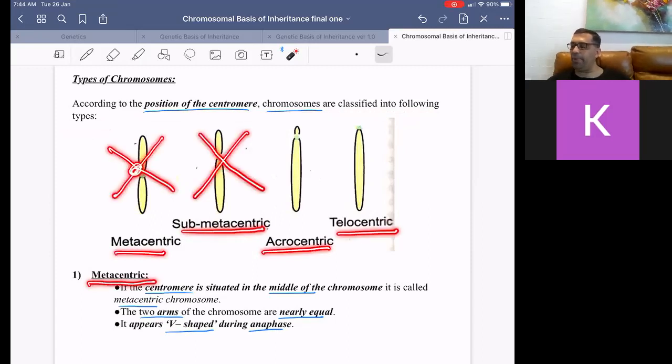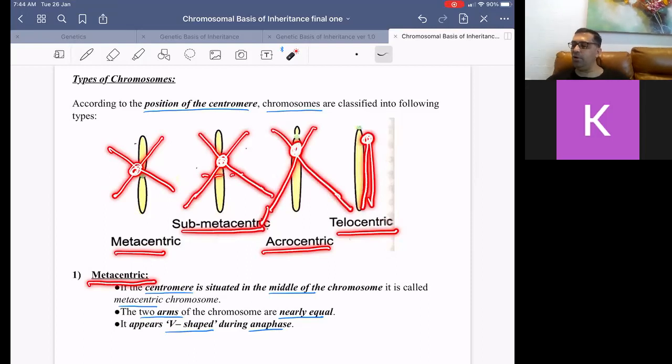Submetacentric, the centromere is a little away from the center. Acrocentric, the centromere is near the terminal end. And telocentric, the centromere is at the terminal end.